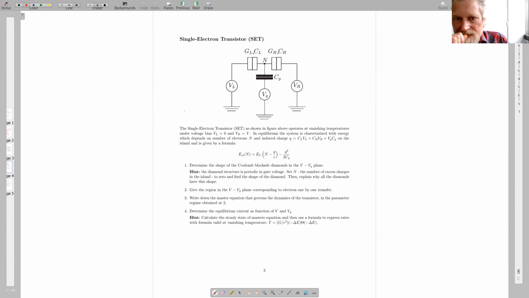Good. So let us talk about a single electron transistor, SET. To remind, a single electron transistor is basically an island which can contain integer number of electrons. And we organize the transport through this island by hopping electrons through tunnel junctions.